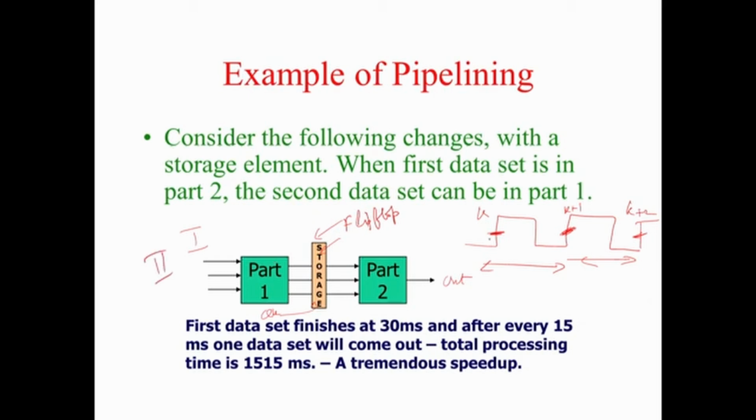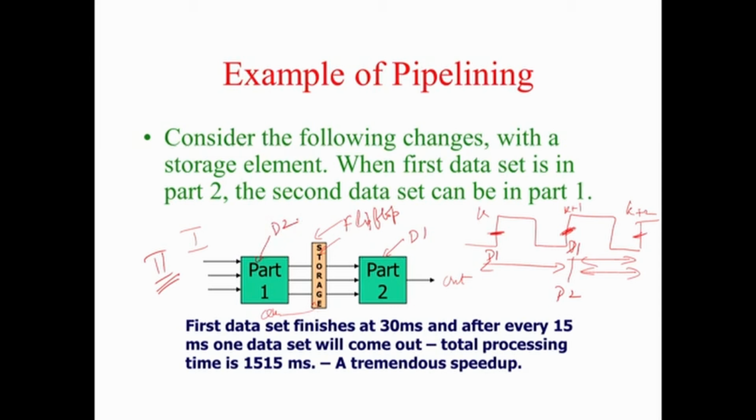In the first clock pulse, D1 enters, D1 reaches here, and at this point D2 also enters the system. During the second clock pulse, between k plus 1 and k plus 2, part 2 will be processing D1 while part 1 can be processing D2.